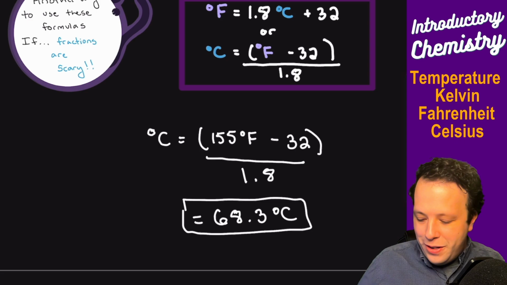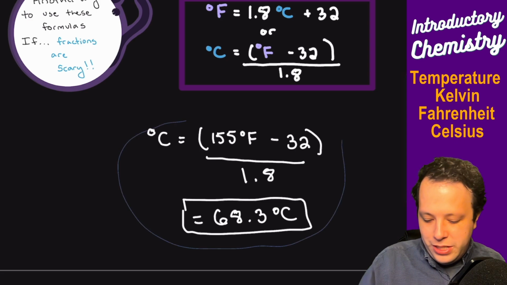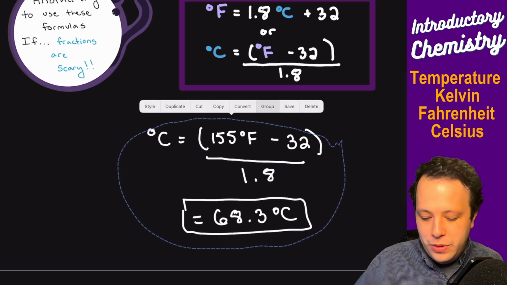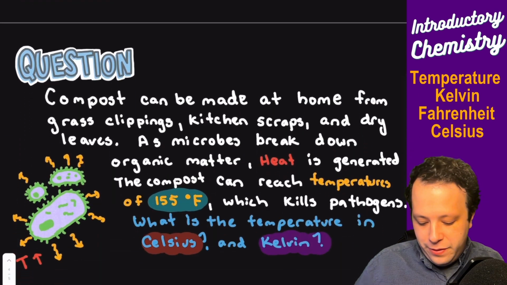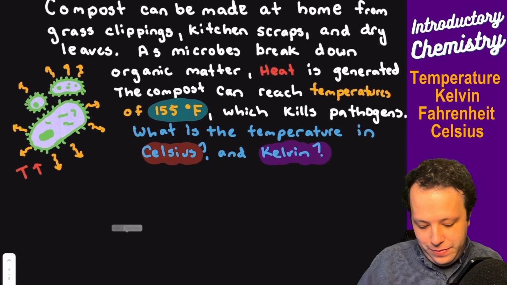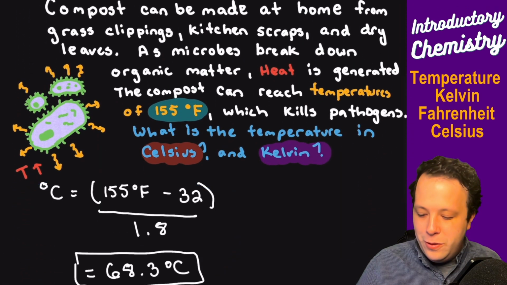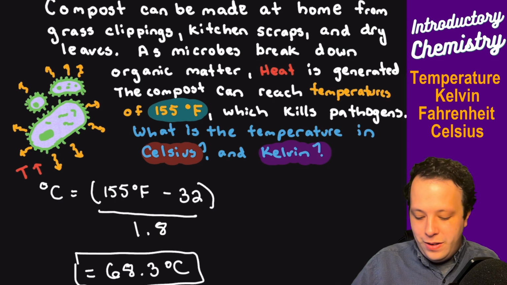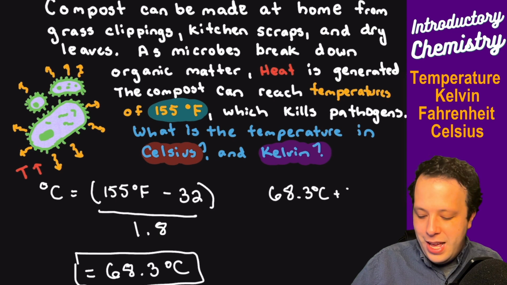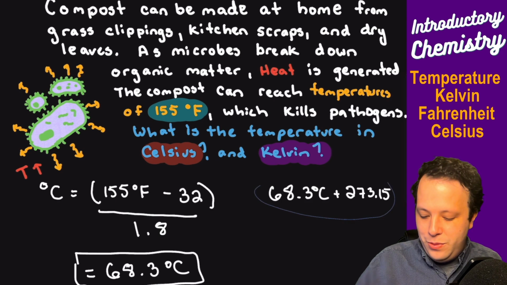Now, the other part of the problem was for us to convert this to Kelvin. So how exactly would we go about converting Celsius to Kelvin? We would take our 68.3 degrees C, add 273.15, and this would convert us to Kelvin.